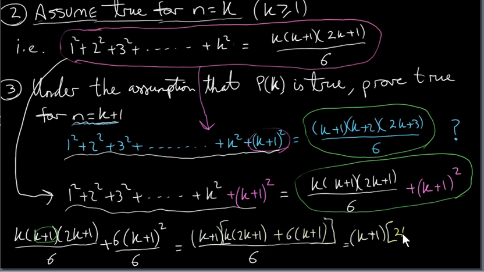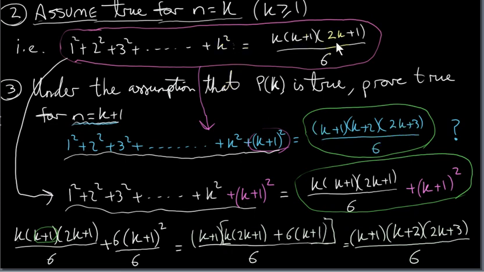That's 2k squared plus 7k plus 6. Now 2k squared plus 7k plus 6 can be factorized into k plus 2 by 2k plus 3. So you can see now that this is indeed equal to what we're trying to prove.